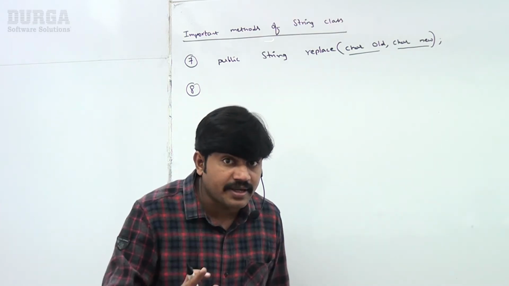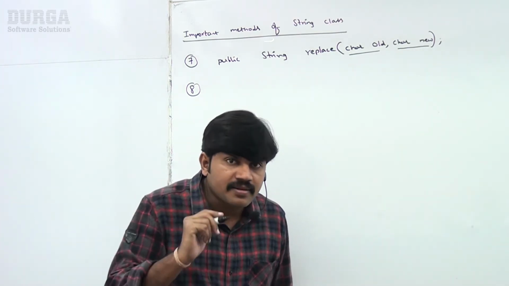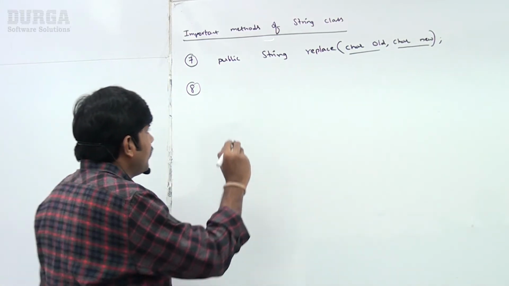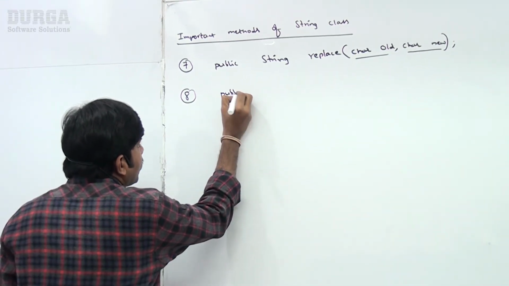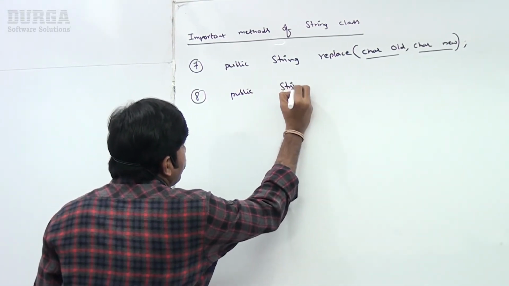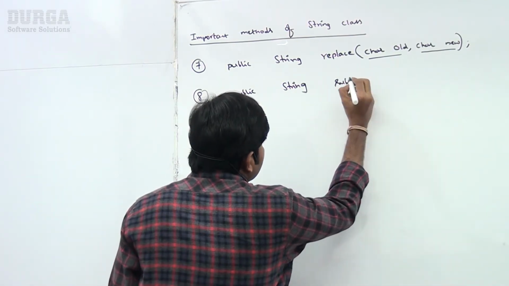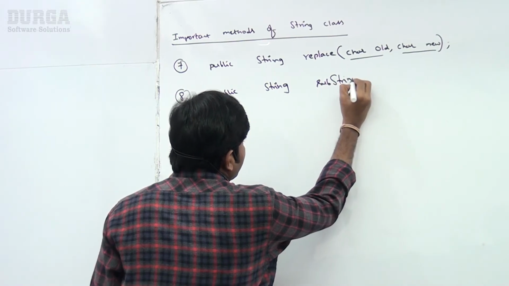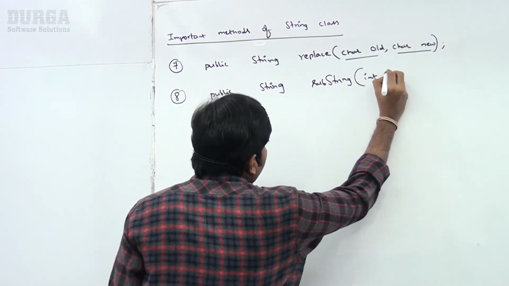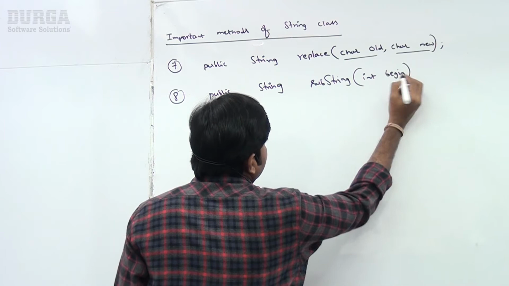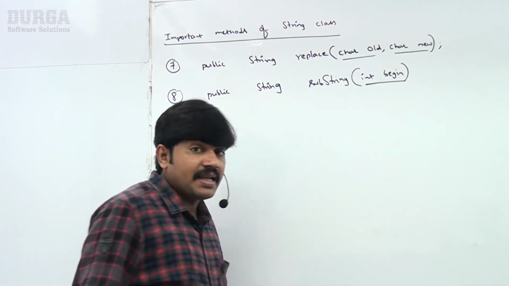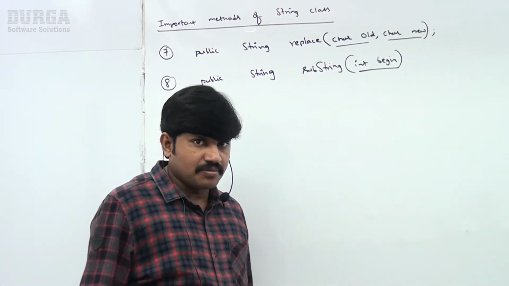For that we need to go for the substring method. Public string, the method name is substring, substring of int begin index. Observe that, sir.